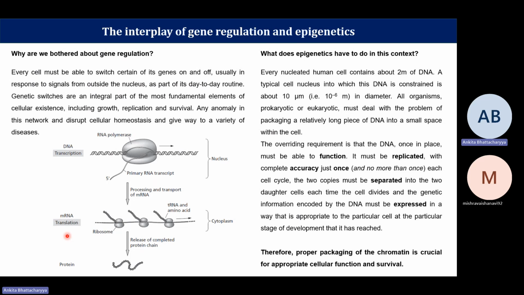Here also, it's not simply the process of translation, but rather multiple steps are involved as well. First and foremost, the recruitment of the ribosome. It's not as simplistic as just ribosomes being present within the cytoplasm and translation just taking place directly. No, correct RNAs need to be detected and recognized by the ribosome.